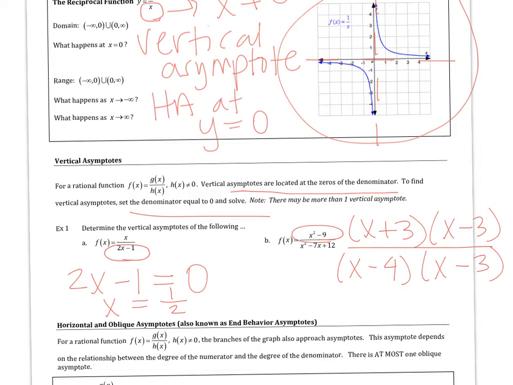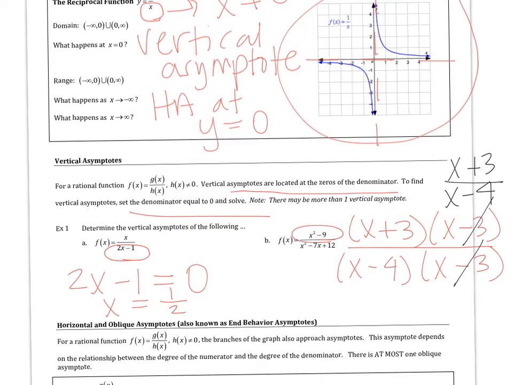If you notice, we've got a common factor in both our numerator and our denominator, so those are going to cancel, and we'll talk a little bit more on the next page about what happens when we have that. But right now, what we're left with is x plus 3 over x minus 4.